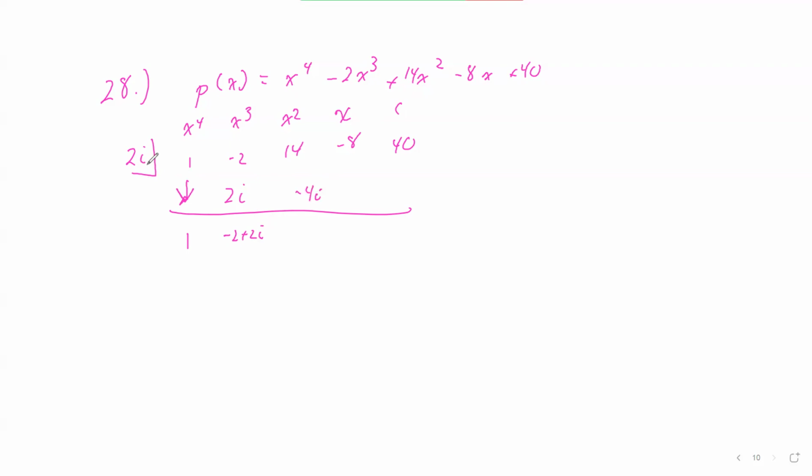And then this will give me 2i squared, which will be negative 2. And then from there, I add that, and that would give me 12 minus 4i. So then 2i, that would give me 24i. And then negative 8i squared, which is now going to be positive.